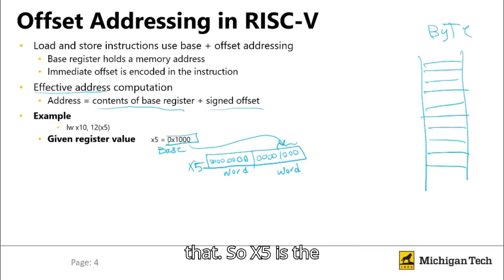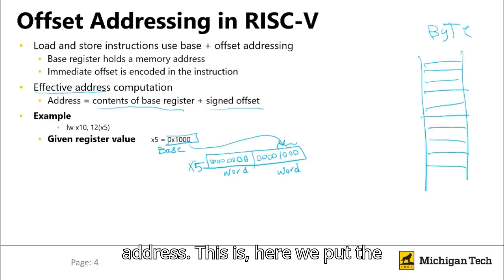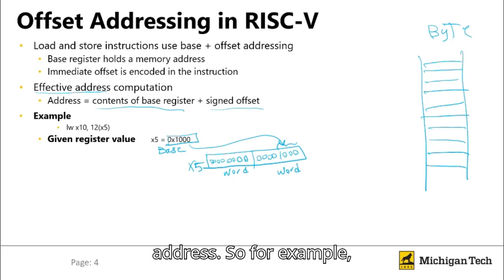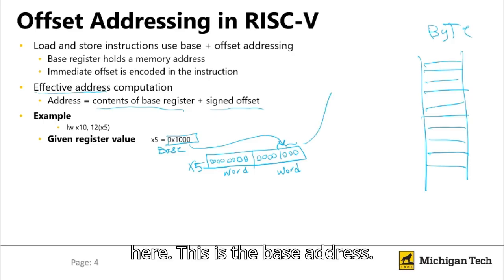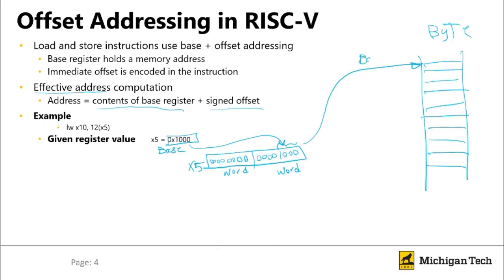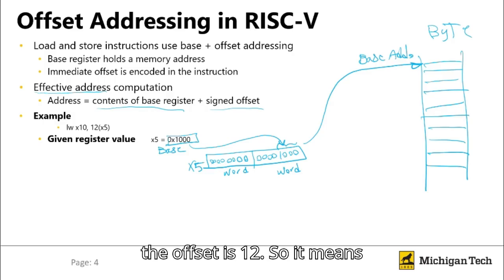So x5 is the address. Here we put the address that we want to go, the base address. For example, this is somewhere here. This is the base address, 1000 hex, and the offset is 12. It means 12 bytes after.